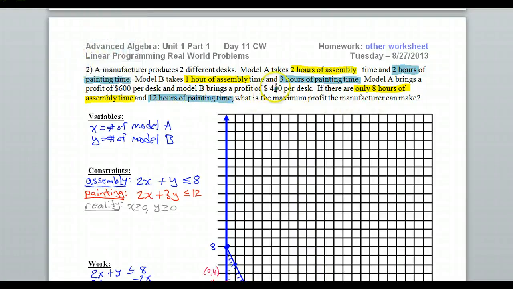Maximum profit, okay. Model A brings a profit of $600 per desk. Model B, $400 per desk. So that's going to be 600x plus 400y.